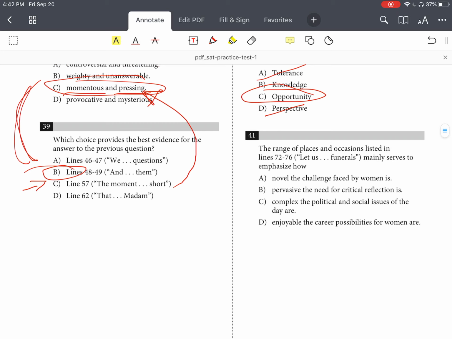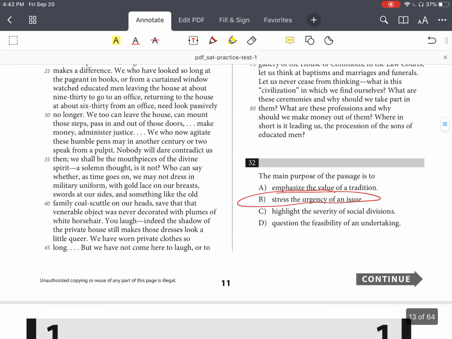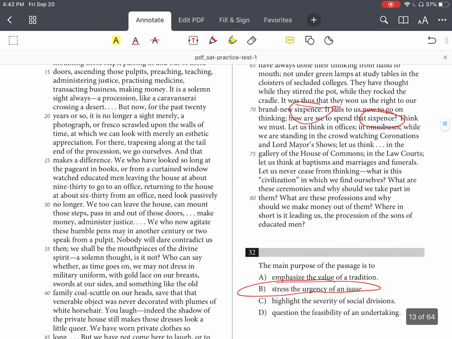41, the range of places and occasions listed in these lines mainly serves to emphasize. So 72 to 76. "Let us think in offices, in omnibuses, while we are standing in the crowd watching coronations and Lord Mayor shows. Let us think in the gallery of the House of Commons and the law courts. Let us think at baptisms and marriages and funerals."